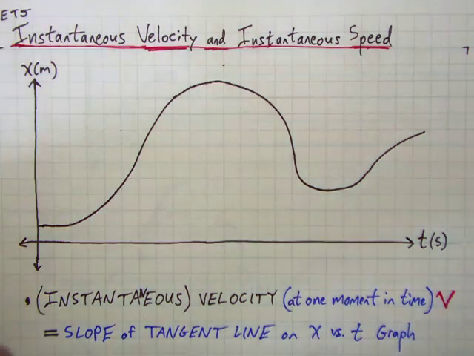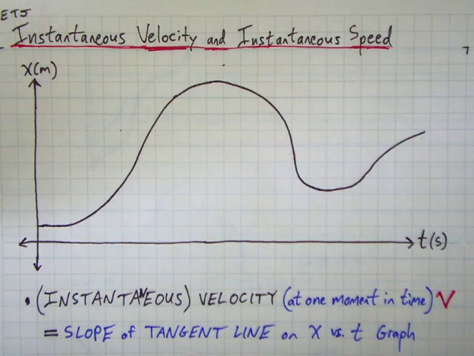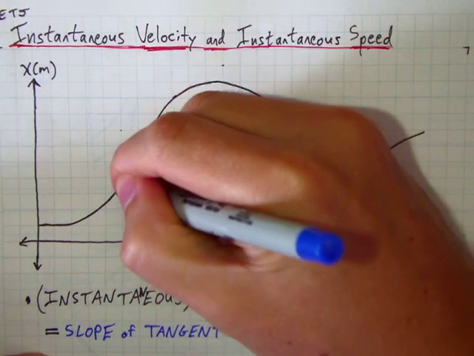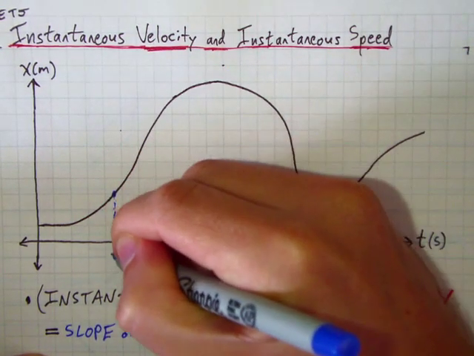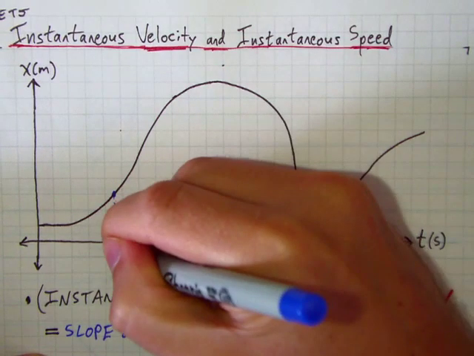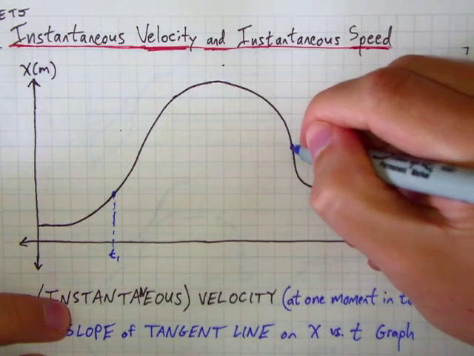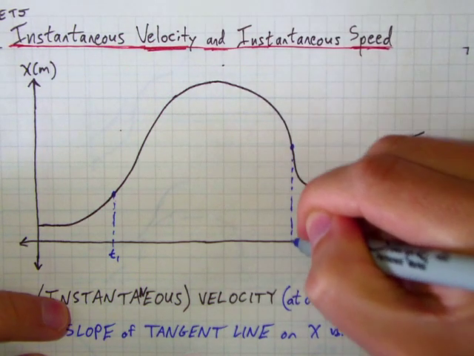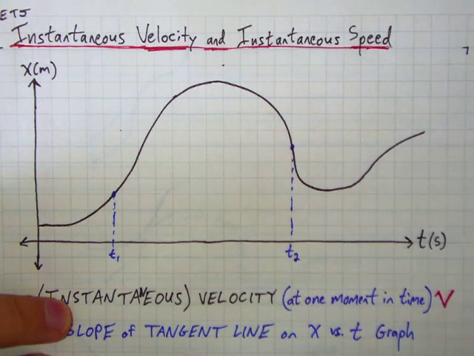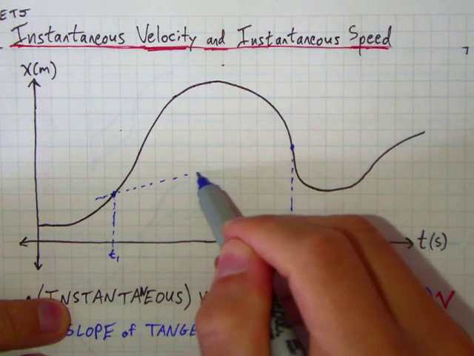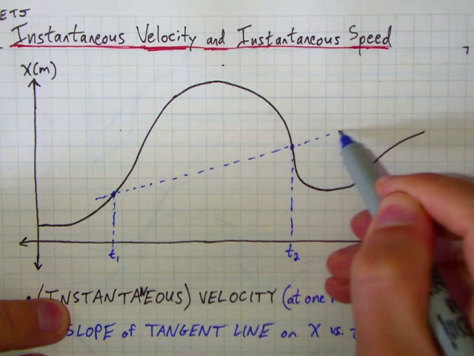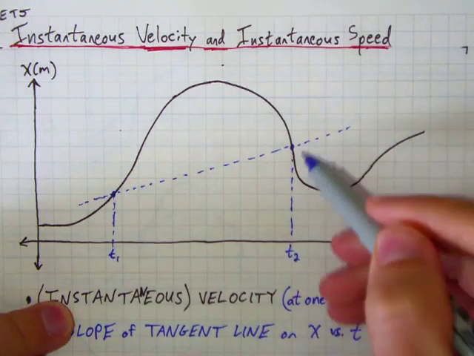All right, so let's look at something we already know, the average velocity between a couple of different points. We could take the average velocity between this moment, call it t1, and say this moment way over here, t2, and to find the average velocity, we would draw the line connecting those 2 points and then measure the slope of that line.